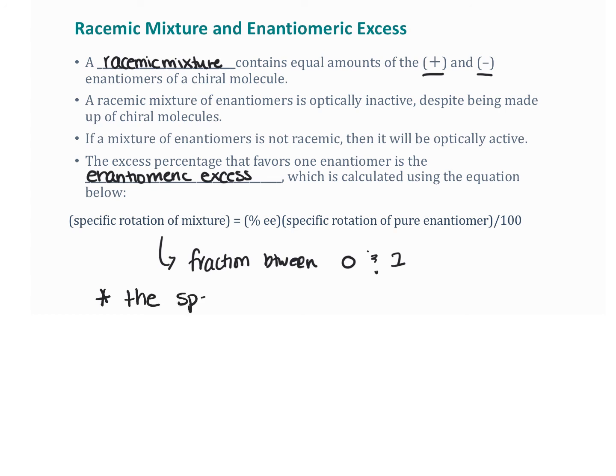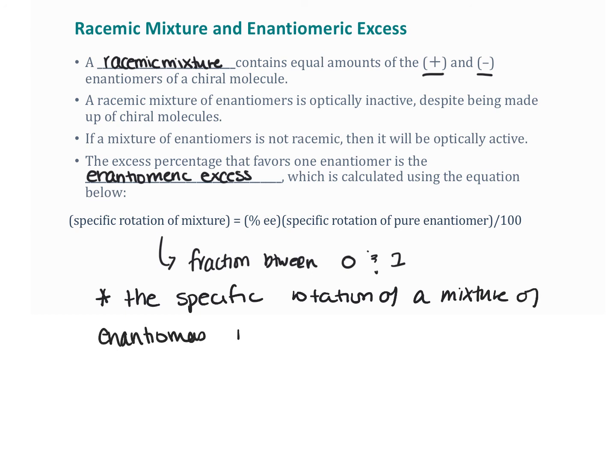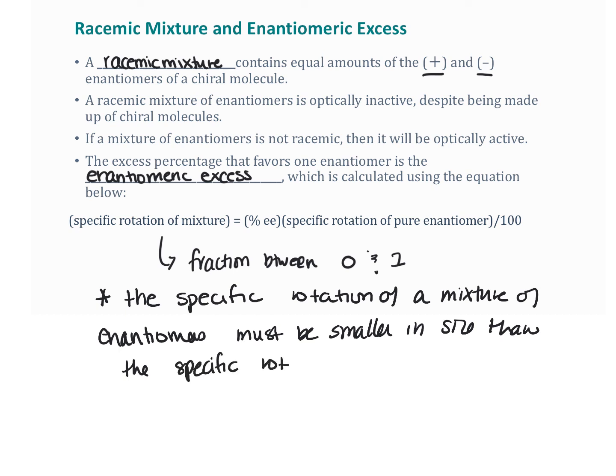The specific rotation of a mixture of enantiomers must be smaller in size than the specific rotation of the pure enantiomers. Okay, and this is what we observe.